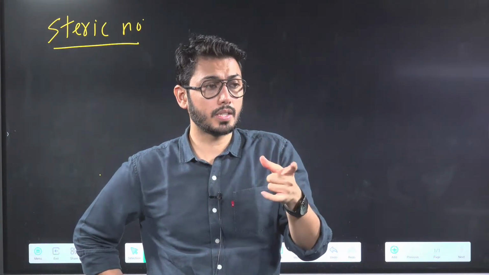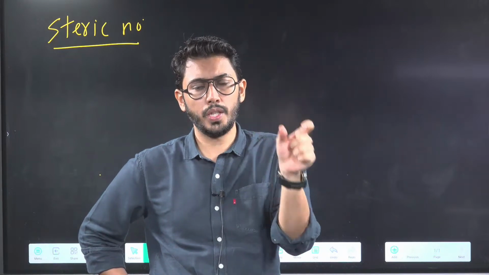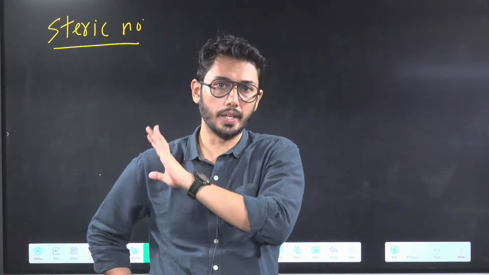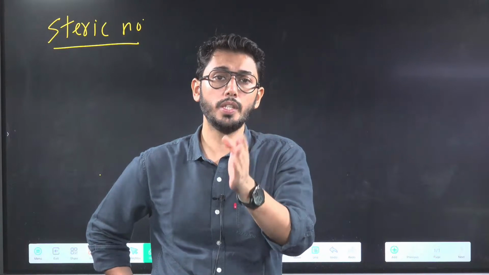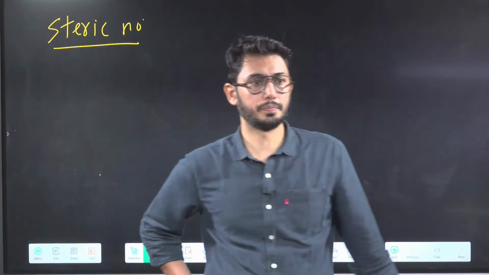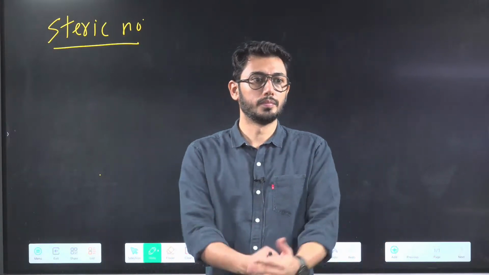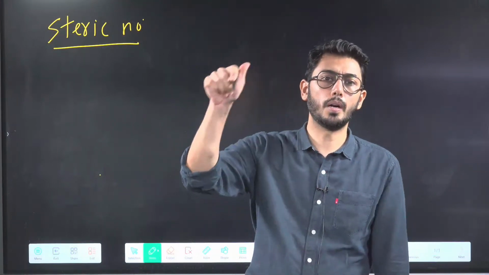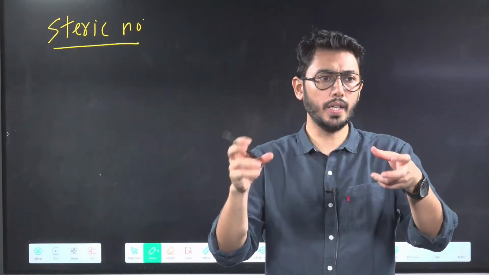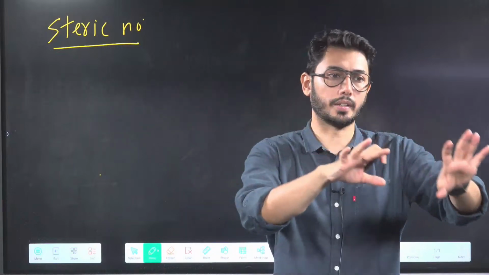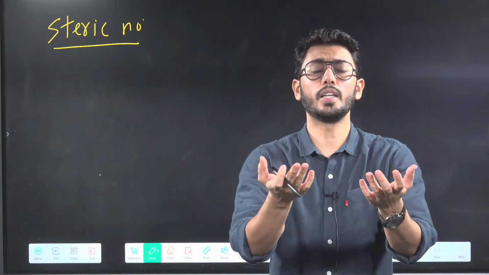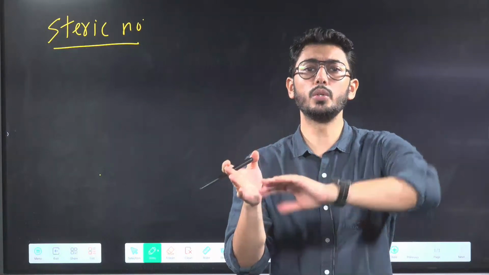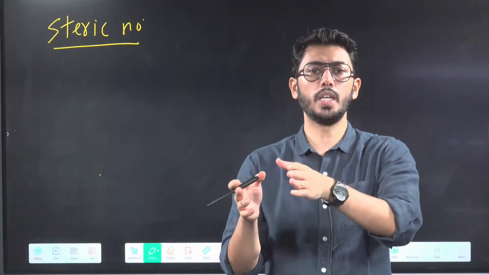I told in the last class that we use sp3 mainly here. dsp2 will be used in coordination compounds. In coordination compounds, that is when you discuss strong field ligands and weak field ligands. Just like in coordination compounds we have sp3d2 or d2sp3, sp3d or dsp3.